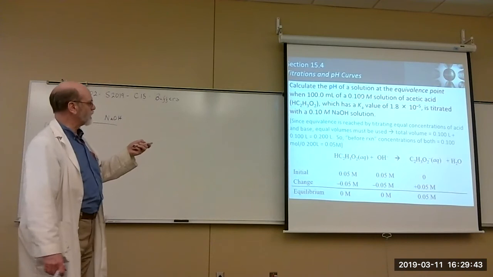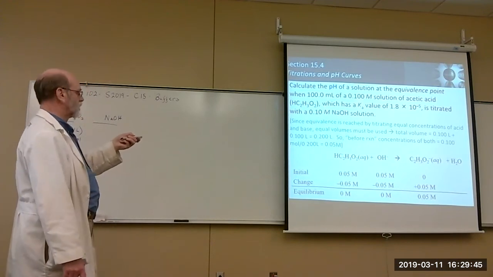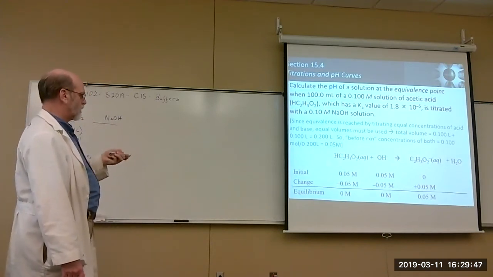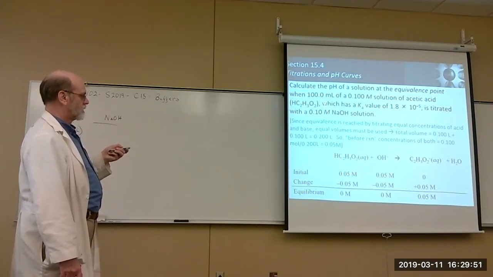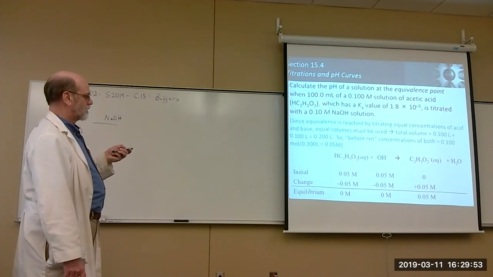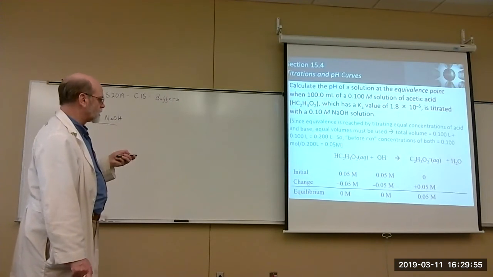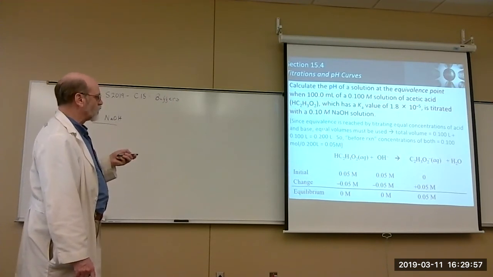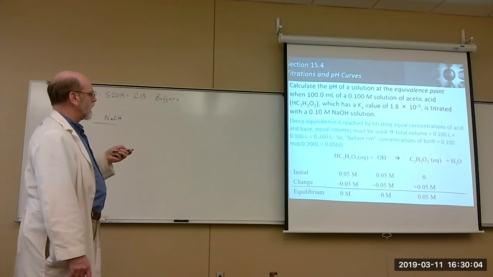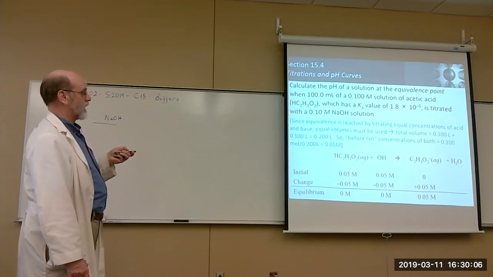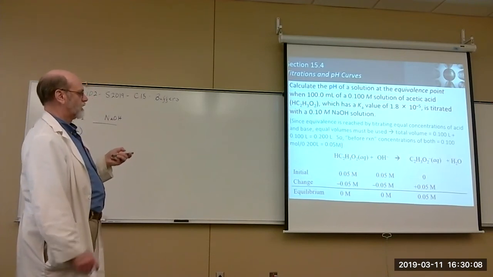If we have 100 milliliters of 0.1 molar, we have 0.01 moles of acid, and 0.1 molar sodium hydroxide.